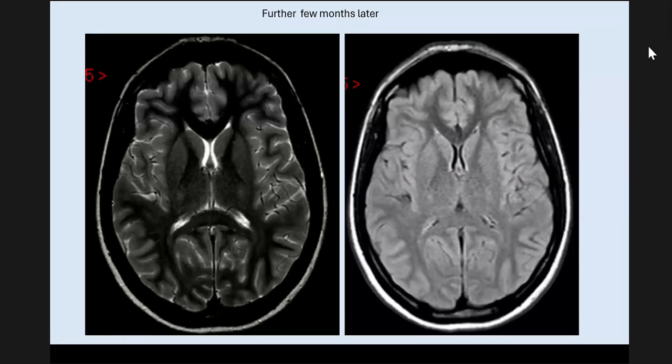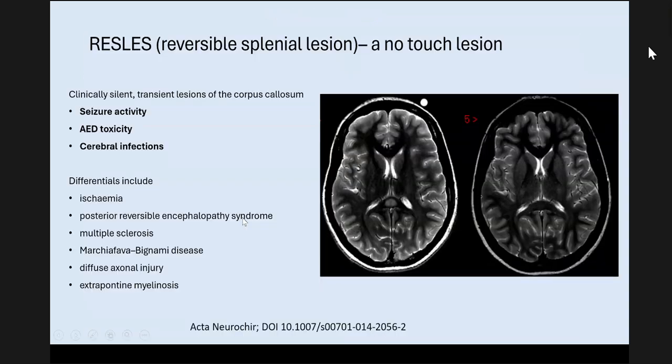So our advice was to optimize the patient's seizure control, optimize the medications, and repeat the scan in a few weeks' time. The patient eventually had a scan a few months down the line, and the splenial lesion had vanished. So this is a typical example of reversible splenial lesion. This is a no-touch lesion, often associated with seizure activity, increased seizure activity, anti-epileptic drug toxicity, and there are reports of similar appearances in cerebral infections.